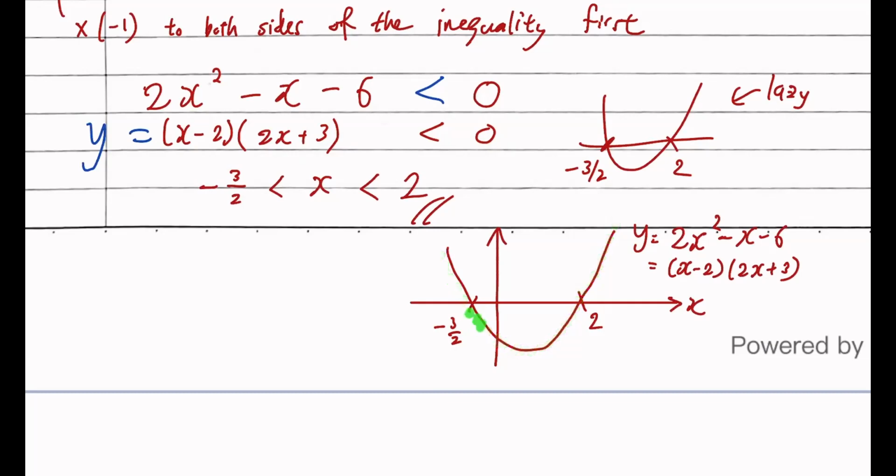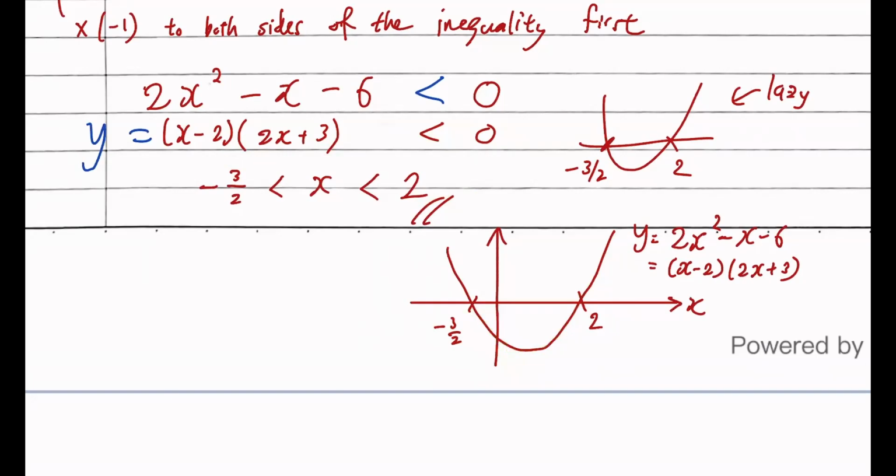Clearly, it's these points here, right? And then we're not interested so much in the y now. After you identify the points, we want to find out the corresponding range of values of x that make up these points. And what are those x values? It's -3/2 less than x less than 2. This shadow here, right?